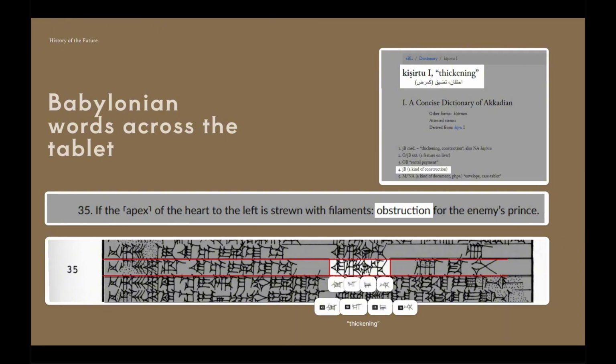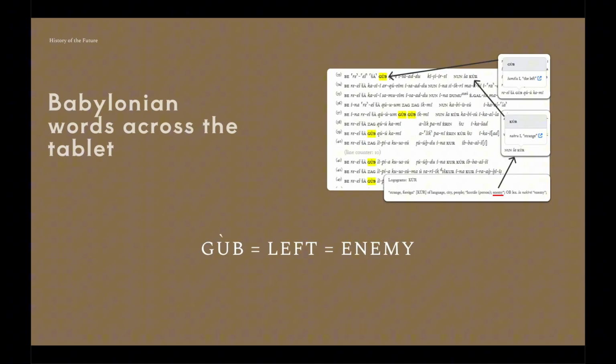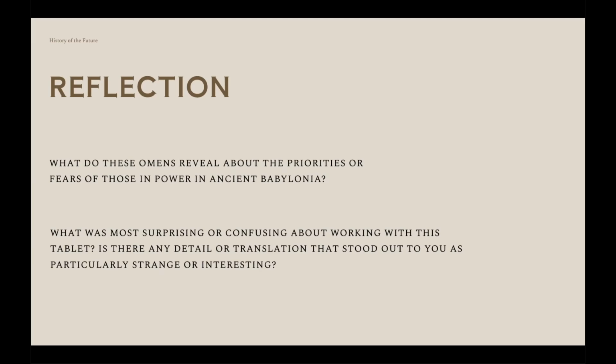The most obvious pattern to me was the word "gub," which means left, and left appears in all the omens that later mean something related to the enemy, either the enemy's prince or the enemy's army, etc. As you can see, "gub" means "on the left," but, for example, "kur" in our case was translated as "strange," but the dictionary also said it can be foreign, or it could also be interpreted as enemy. So everything was matching.